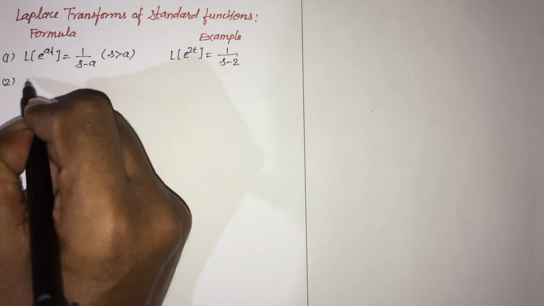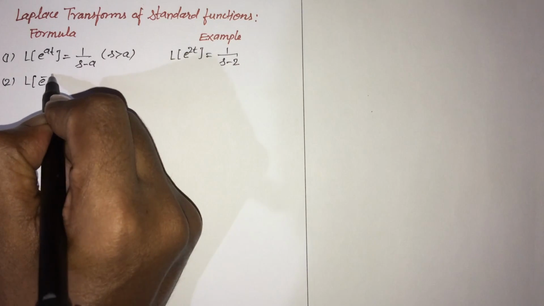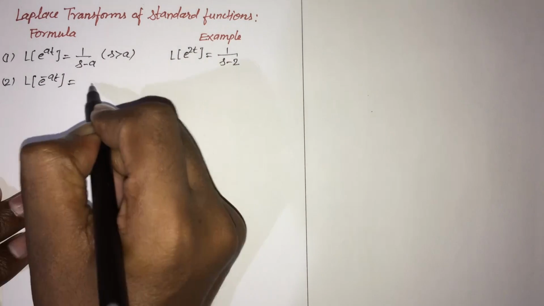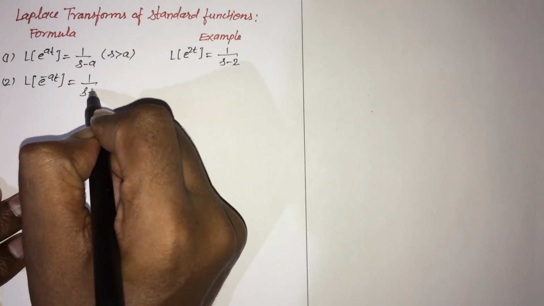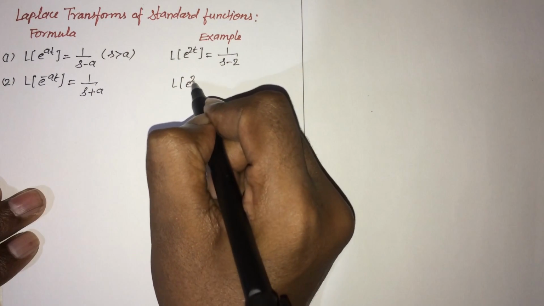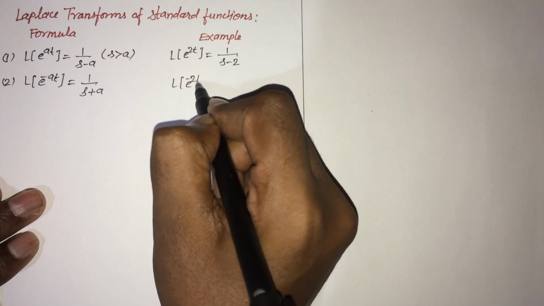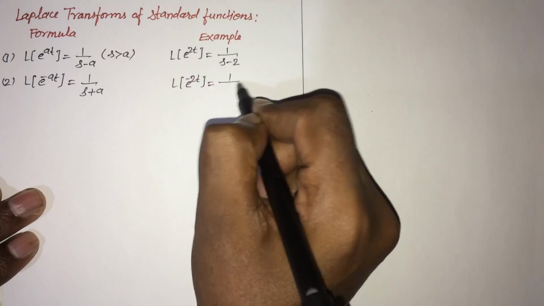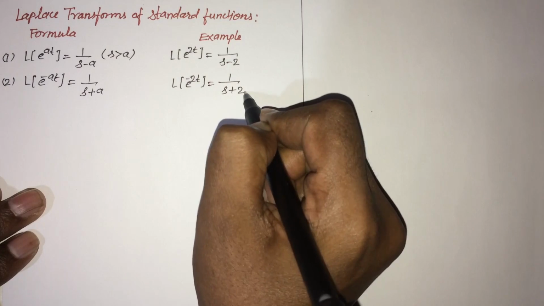Second one, Laplace transform of e raised to minus at is equal to 1 upon s plus a. An example, Laplace transform of e raised to minus 2t is equal to 1 upon s plus 2.